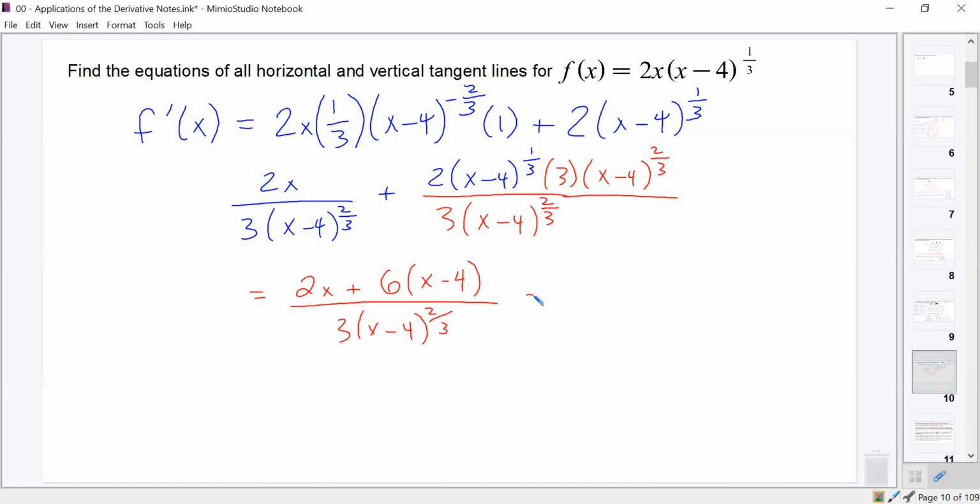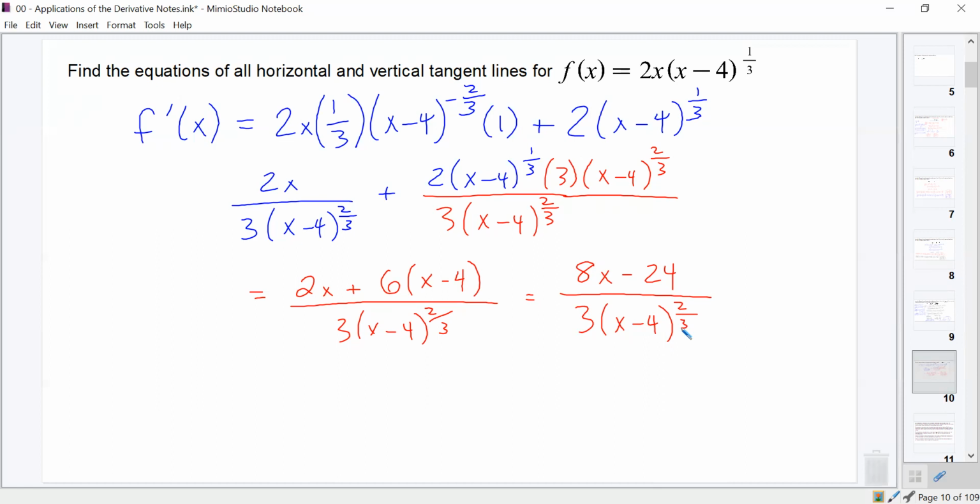And we'll simplify out that numerator a bit, giving us 2x plus 6x when we distribute, which is 8x. And then distribute that 6 to the negative 4, gives us 8x minus 24 over 3 times (x minus 4) to the 2/3 power. So we've now got a nicely simplified version of our derivative.